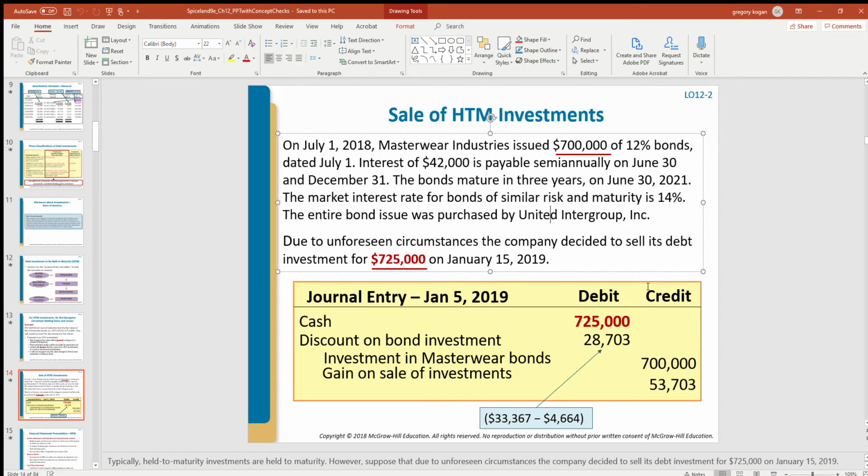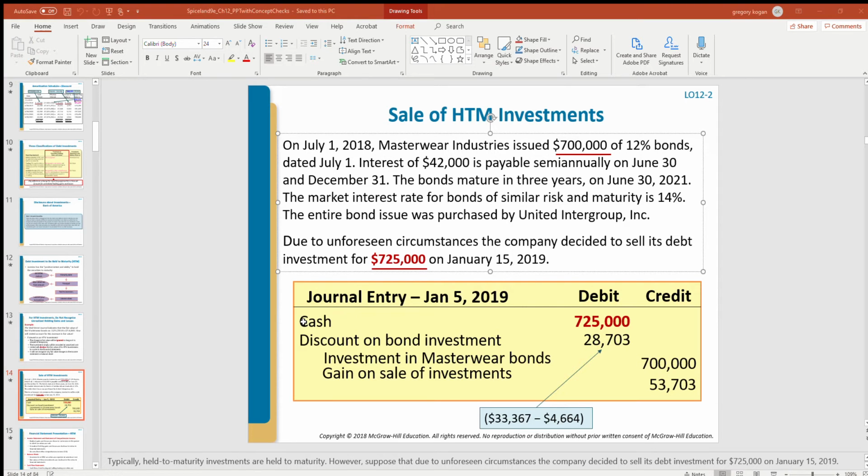Okay, so that's why we debit that out. We receive cash of 725. We zero out the investment of 700,000, and we zero out the discount, and the balancing entry is the gain. So this is where you really have to look at it. You understand this topic, because why do we know that we get the cash for 725? Well, they're telling us that we got the cash. How do we know that we need to credit the investment for 700,000?